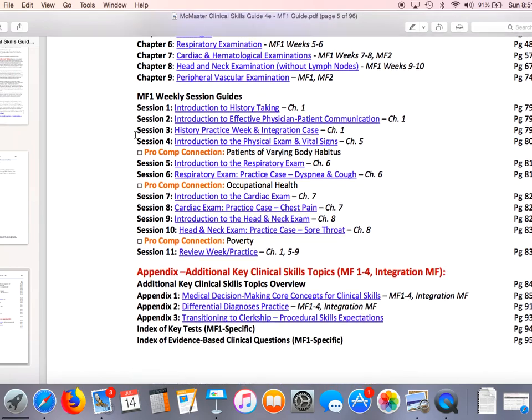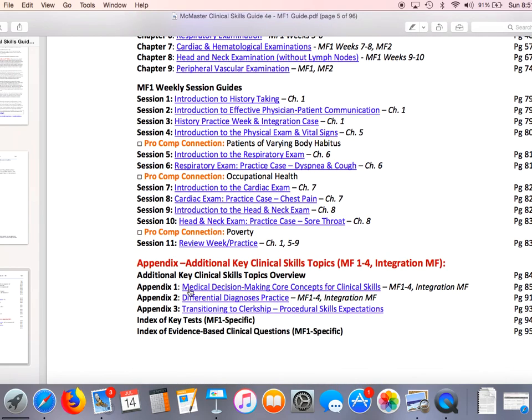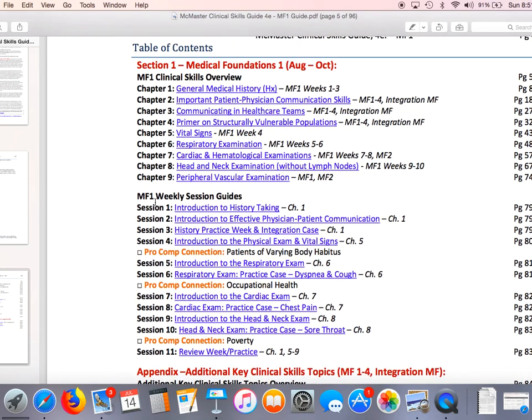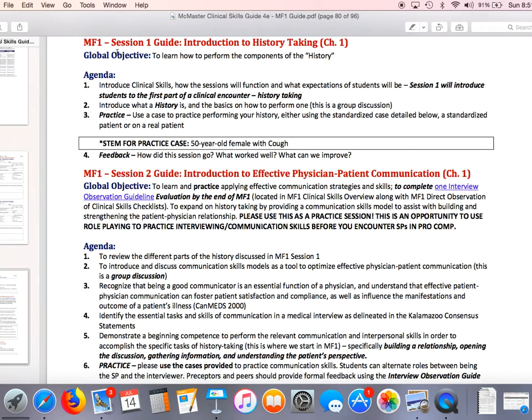If you go down, there's a bunch of different appendices that you can look into, but I don't want to highlight that too much right now. The MF1 weekly skills are all hyperlinks, so you can click to session 1. Session 1 shows the global objective, which is to learn how to perform the components of the history, and the agenda, introduction to clinical skills.